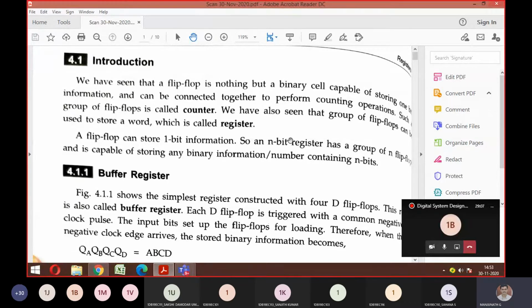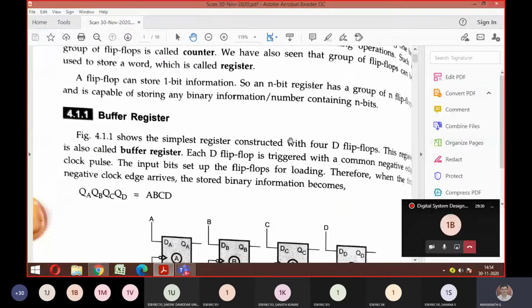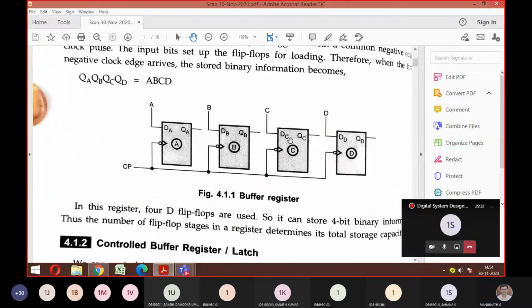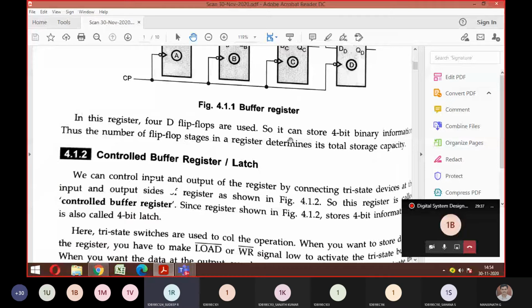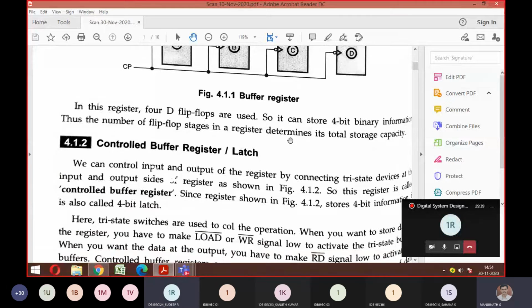The content of the morning class was about registers as well as counters. In that we discussed buffer register and control buffer register. Any doubts till there? No, sir. Okay, fine. Let's proceed now.